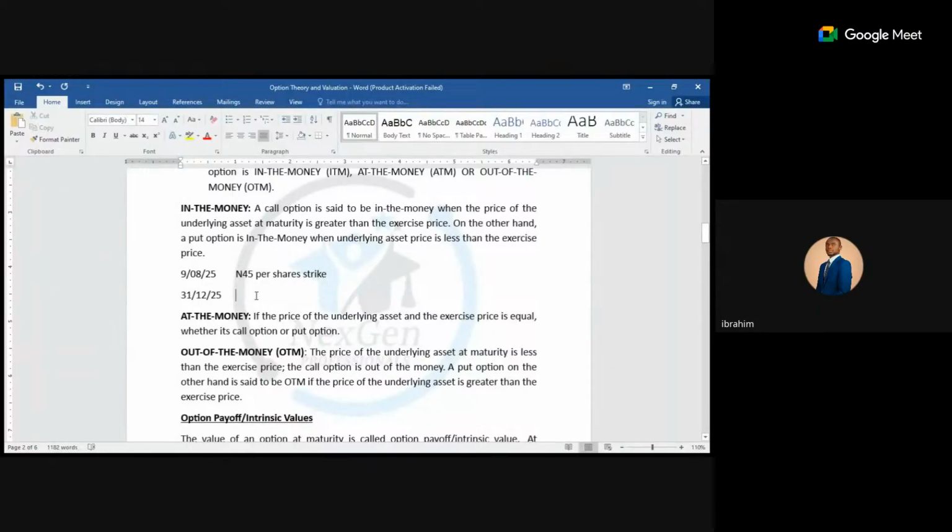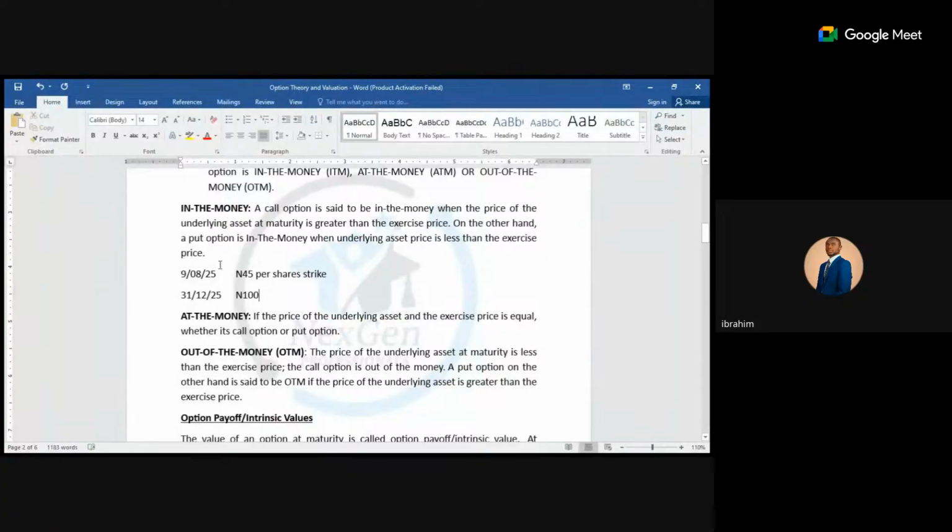So at the end of December, the price now increased to, let's say, 100 naira. You can see that you've already entered into an option agreement that you will buy those shares at 45 naira per share at the end of December.